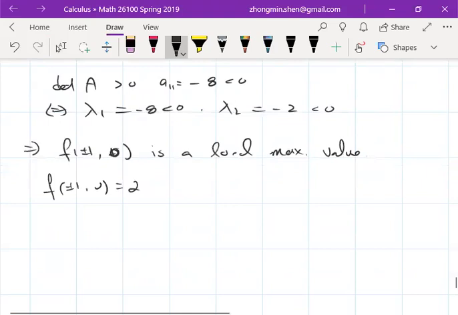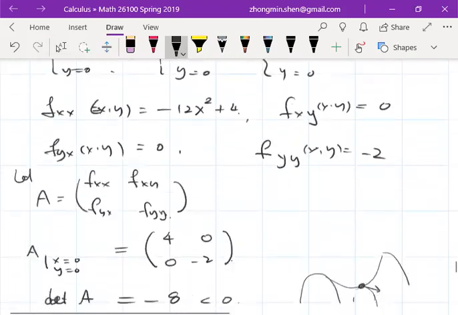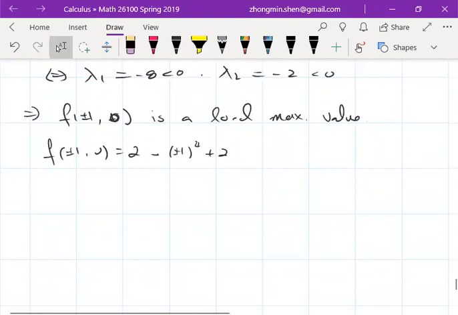It's going to be 2 minus negative 1 plus or minus 1 to the 4th power plus 2x squared y squared. So 2 minus 1 plus 2, that's going to be 3. So 3 is the local maximum value of the function.